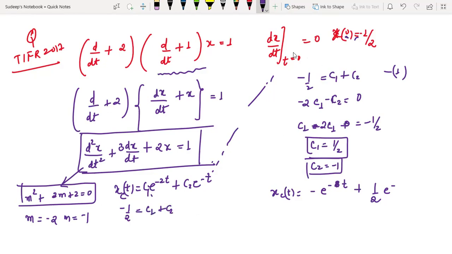This is fine. And the derivative will be minus 2c1 minus c2, that is equal to 0. So your c2 will be equal to minus 2c1. If you just place it here, your c1 would be half. If your c1 is half, c2 will be minus 1.